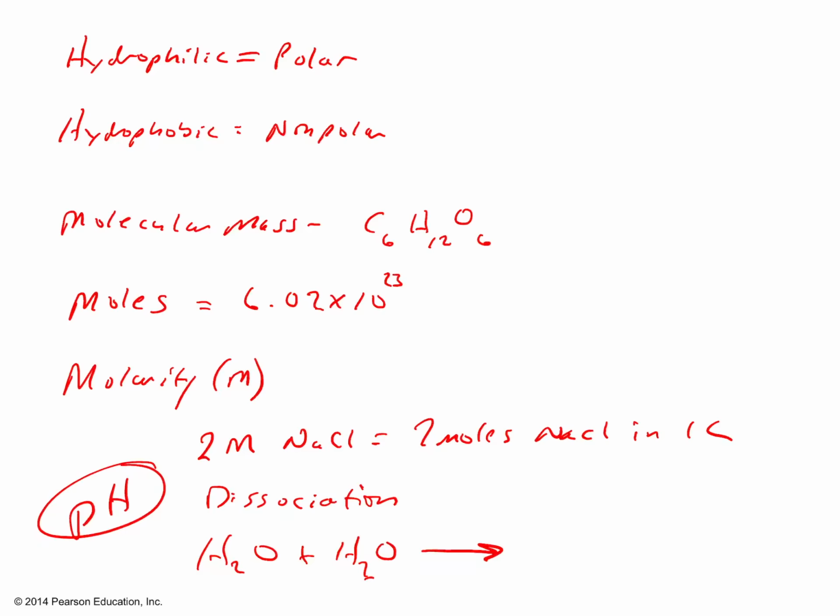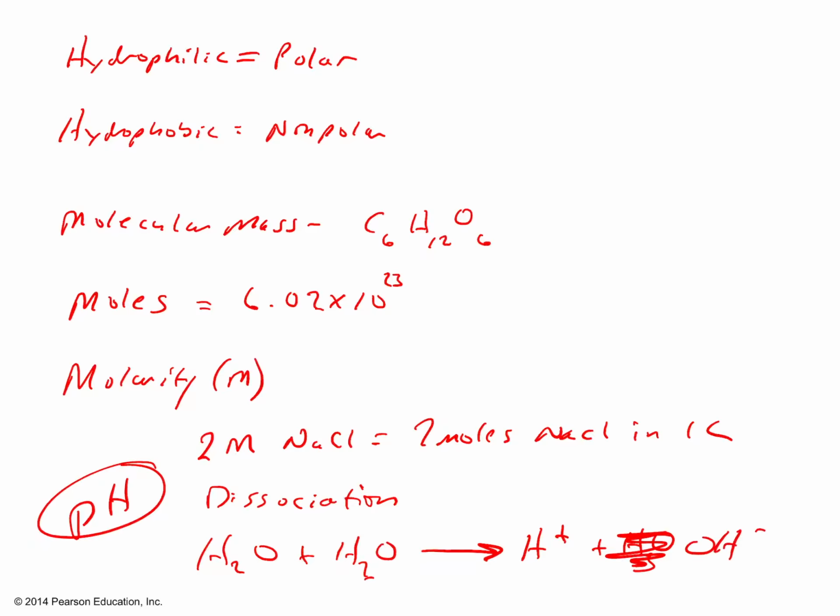Remember, hydrogen only has 1 proton and 1 electron. So when it splits off the water and the oxygen steals that hydrogen's electron, it's nothing more than a proton, H+. So what you end up with is H+ plus OH minus.